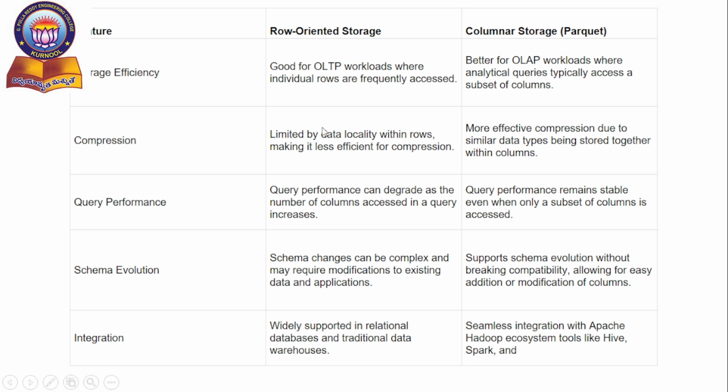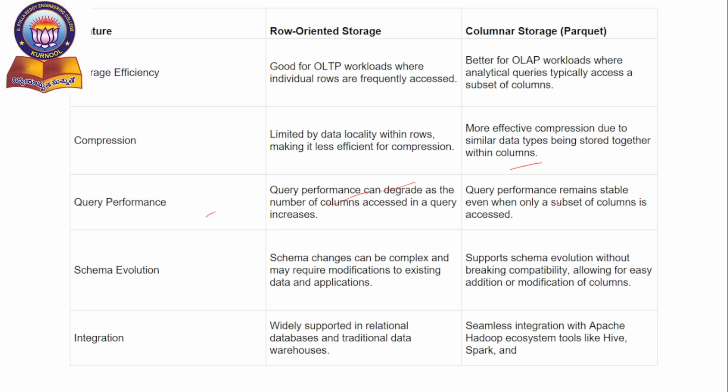Compression. Row storage is limited by data locality within rows, making it less efficient for compression, but column storage has more efficient compression due to similar data types being stored together within the columns. Query performance. Query performance can degrade as the number of columns accessed in a query increases.